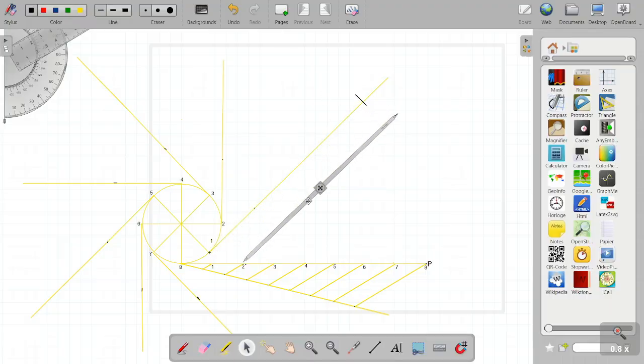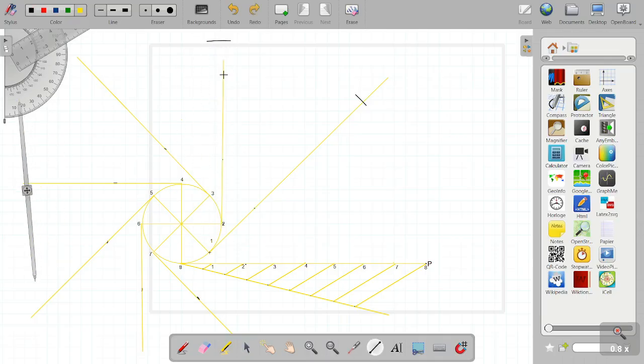Now we'll keep the compass at point 2, measure the distance from 2 to point P, then keep the compass on the circle. Point 2 will become the center, and then cut an arc on the tangent line from point 2. So I will extend the line.